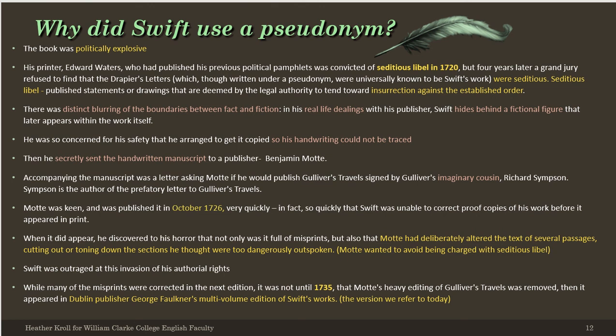If you look at images on the Encyclopaedia Britannica online or the British Library, you will find images from that edition from Faulkner. And that's the edition that we follow today, because it's closer to Swift's authorial intent without the intervention of Benjamin Mott. Poor old man, he was scared for his life.